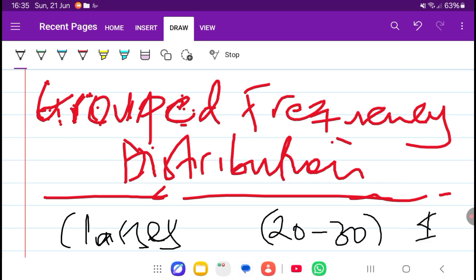Maybe we have 20, 25, those are data values that are within that range or that interval of 20 to 30. Each class is going to show the numbers of the values that lie within that interval.